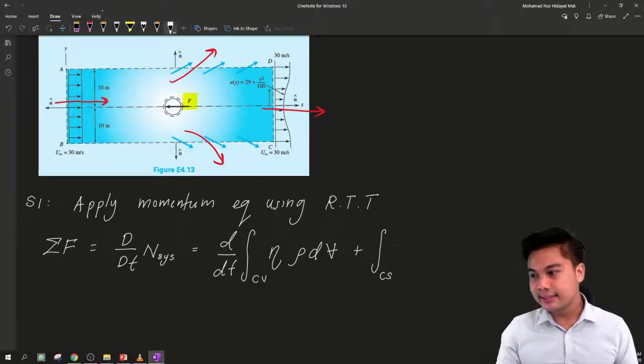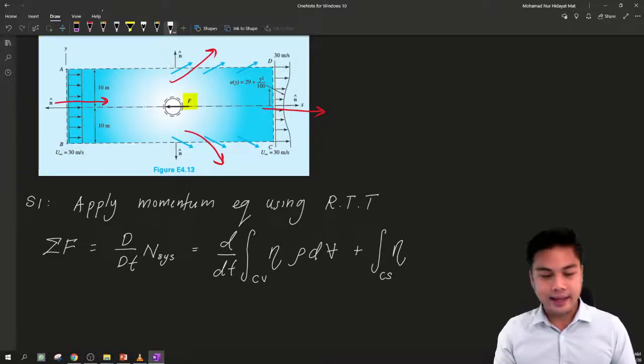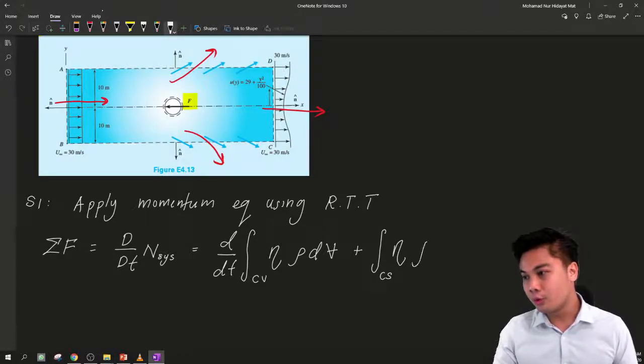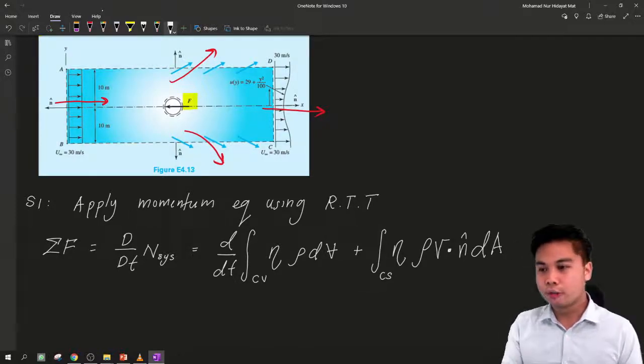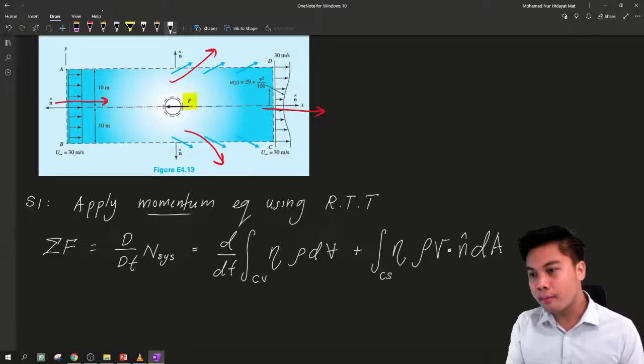So this is the intensive property across the surface area multiplied with rho V dot n dA, the dot product with the normal to the surface area dA.